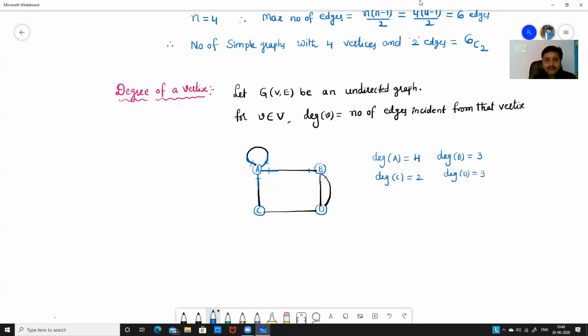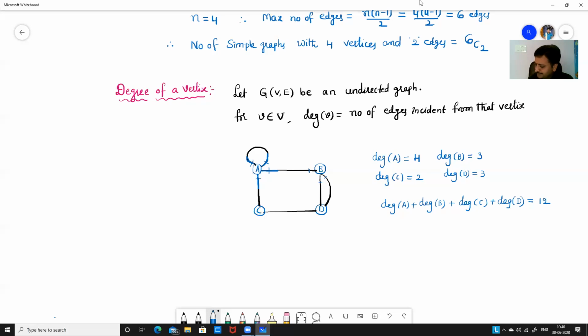Now if I take the sum of degrees of all these vertices, that is degree of A plus degree of B plus degree of C plus degree of D, which is equal to, by summing up all these values, 4 plus 3, 7 plus 2, 9 plus 3, 12.